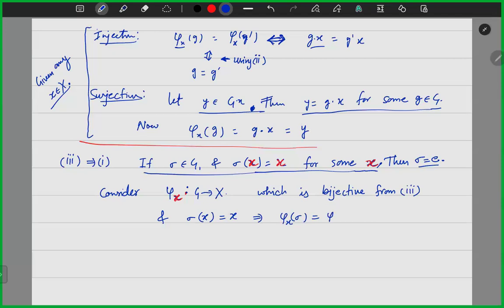This can be written as phi x applied to e. But because phi x is bijective, this will imply that sigma is equal to identity. So the action is free. Okay, I hope you understood. If you didn't understand, you can ask me through the comments.